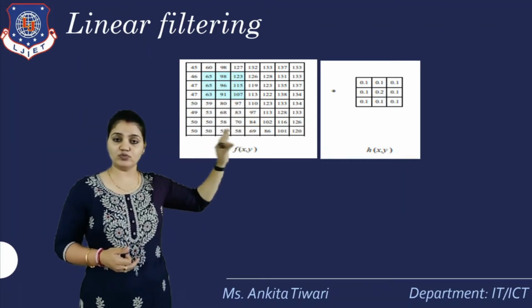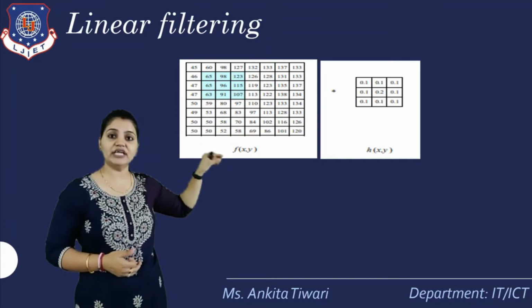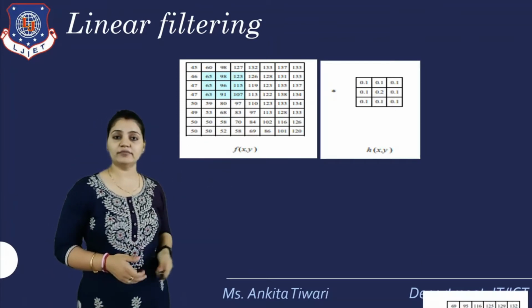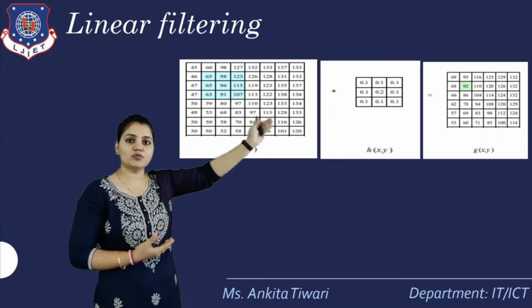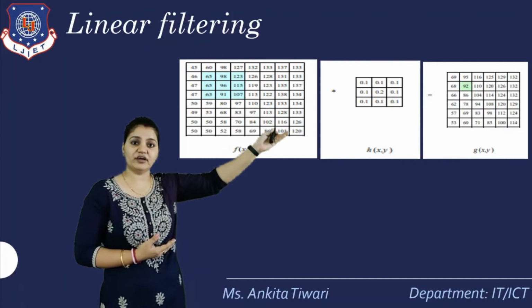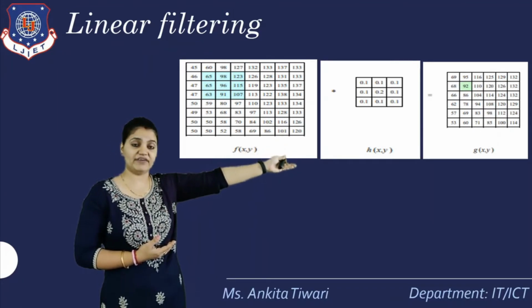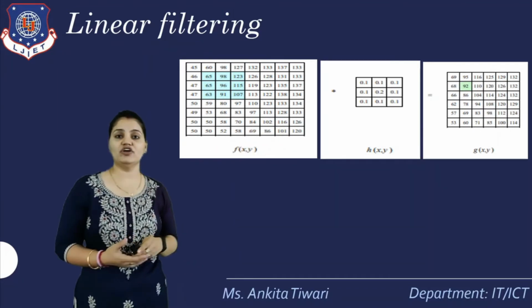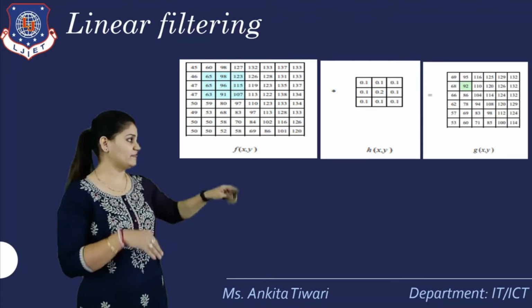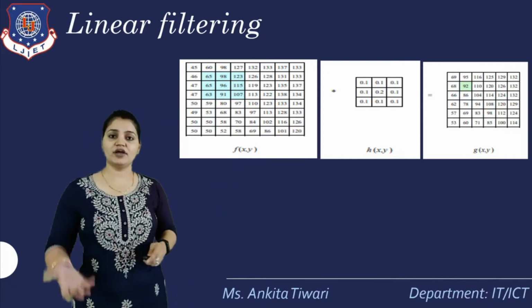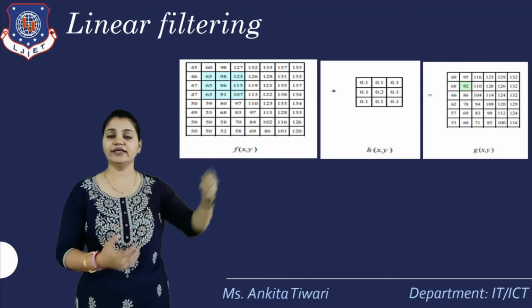I superimpose this on the function, meaning I multiply with f of xy, and we get the answer g of xy. So g of xy is multiplied with each and every term given in f of x and y. Here I have taken just an example of some values and shown you the example in the form of the functions f, h and g.